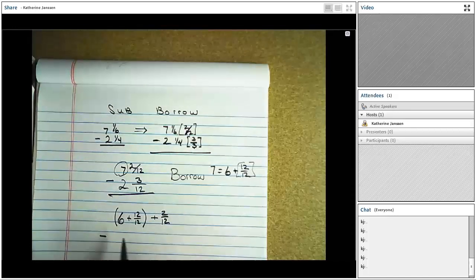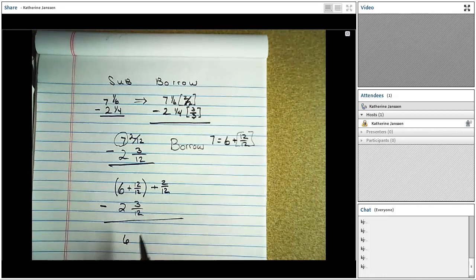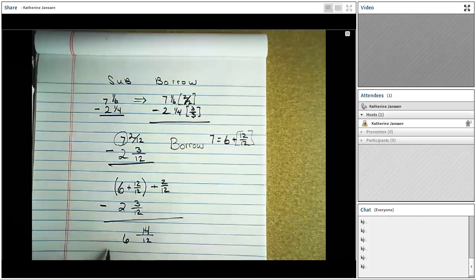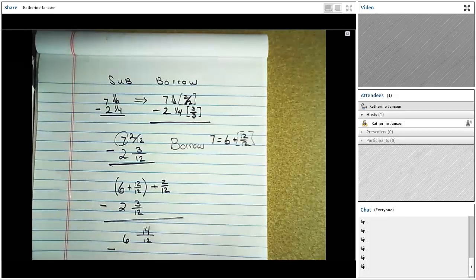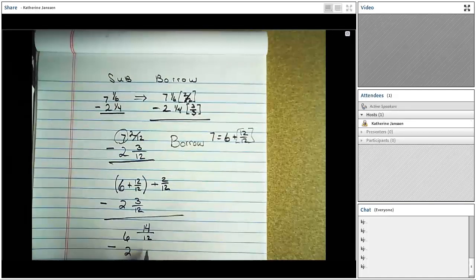And I'm going to subtract 2 and 3/12. So now in the 6 plus 12 over 12 plus 2 over 12, I have a common denominator, so I can add and get 14/12, which is an improper fraction, but allows us to maintain the equivalency and subtract.